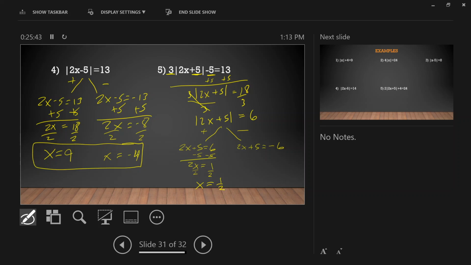On the right side, subtract the 5, subtract the 5. 2x equals negative 11. Divide both sides by 2. x is going to be negative 11 halves or negative 5.5. And there's my two answers.